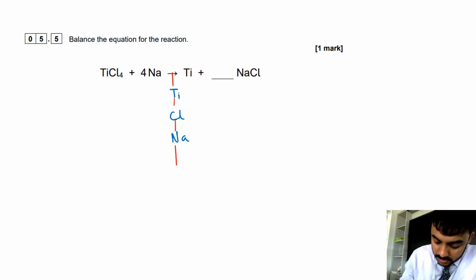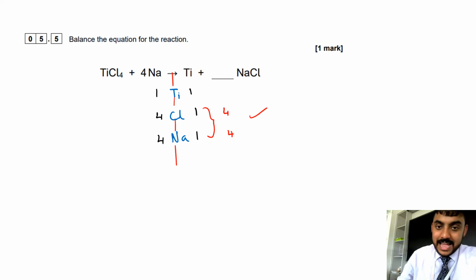On the left hand side currently there's 1 titanium, 4 chlorines and 4 sodiums. On the right hand side there are 1 titanium, 1 chlorine and 1 sodium. I want these 2 things to become 4 and 4. If that is happening, then we've completed our balancing.